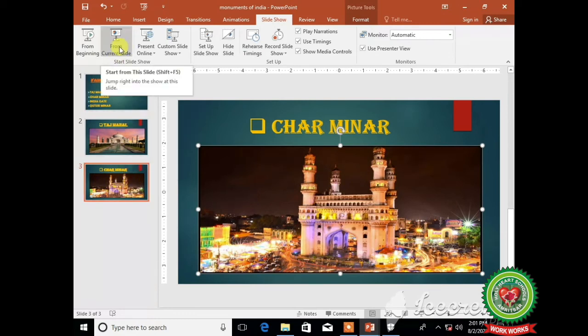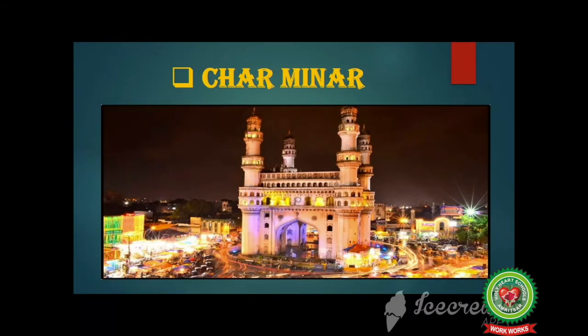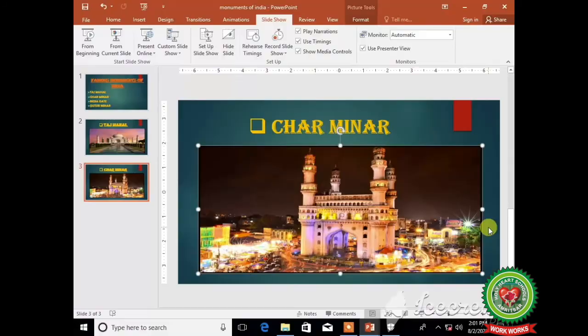So I am going to click on from current slide icon and see the changes. So now you can observe that our third slide is running as the first slide. Again, use the arrow keys to run the presentation.